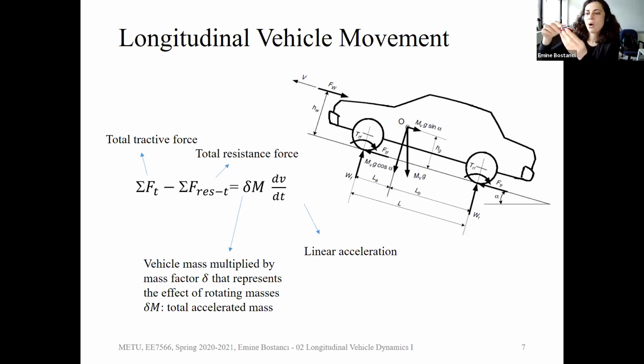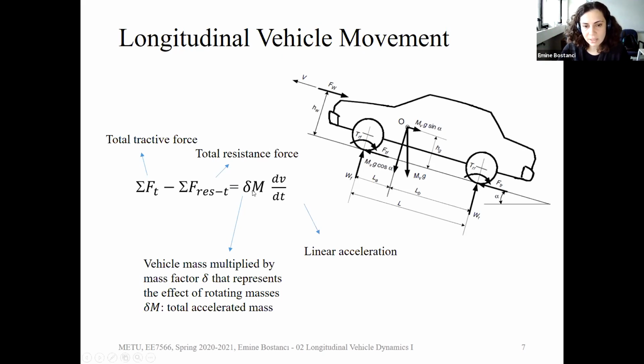This is the M. On top of that, it has some wheels which are rotating. So these wheels also have inertia, rotational motion, and you also need to accelerate these wheels, so that you need to give them the rotating motion. And moreover, we are going to have other rotating components within the vehicle. So it means that your effective mass is not going to be the same as what you weigh the vehicle, but your effective mass is going to increase due to the rotating masses.